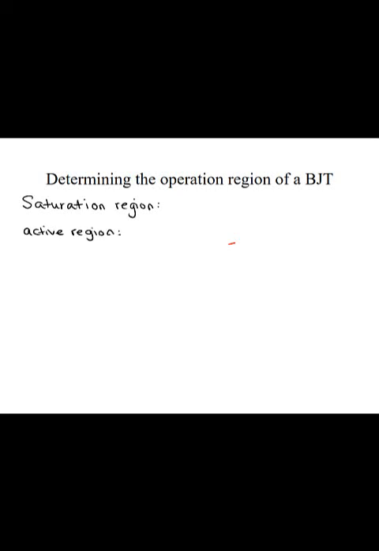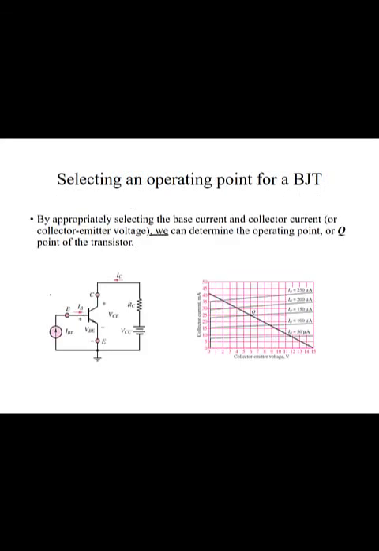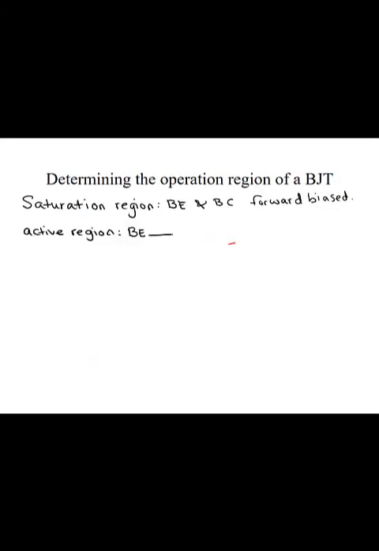In the saturation region, both BE and BC junctions are forward biased, and in the active region, the BE junction is forward biased, while the BC junction is reverse biased.